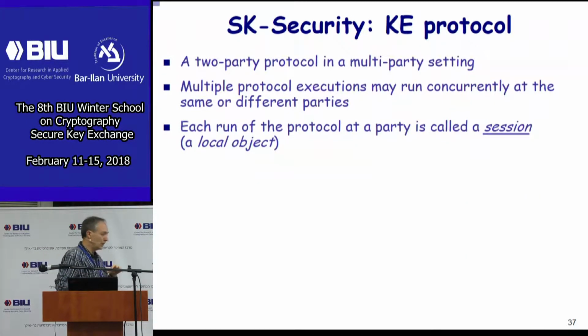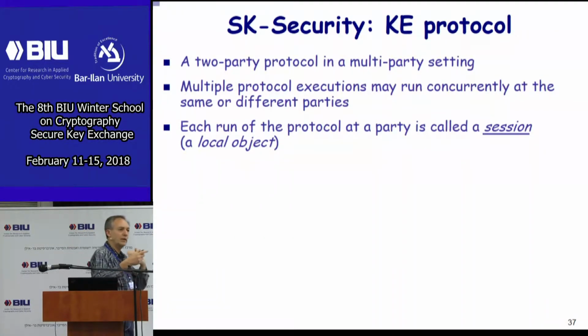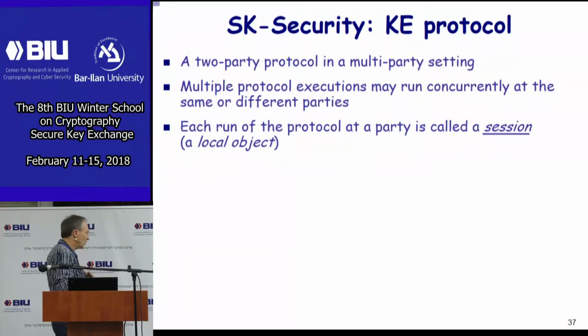A session in this case is not the interaction itself, it's the state that exists at the party, in which it has all the elements of what is going on: who this party thinks it is interested in talking to, and what are the messages that were exchanged till now, etc. So it's a local object.